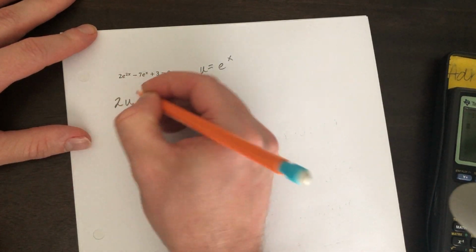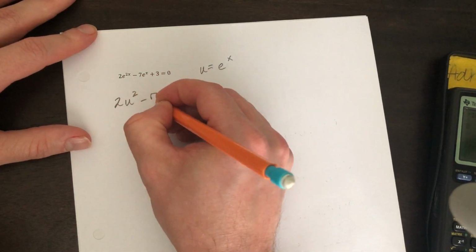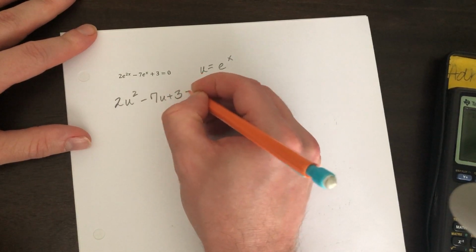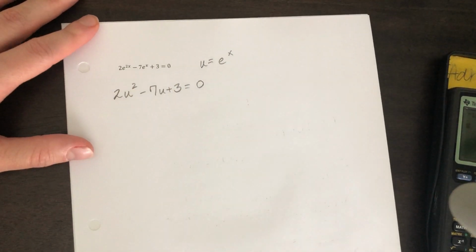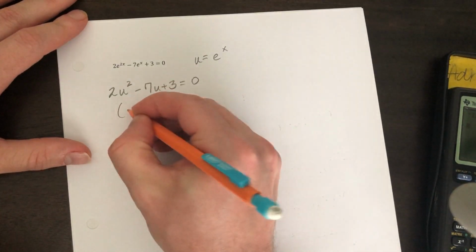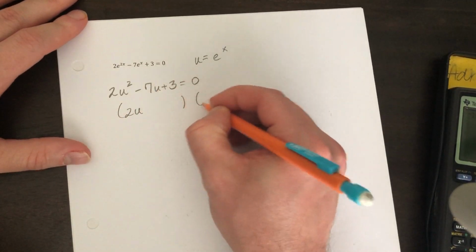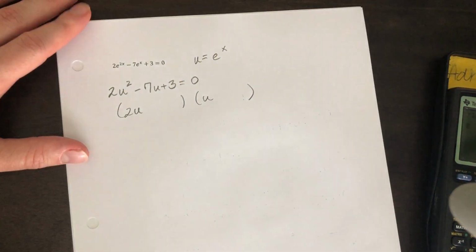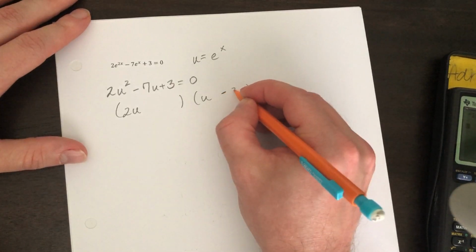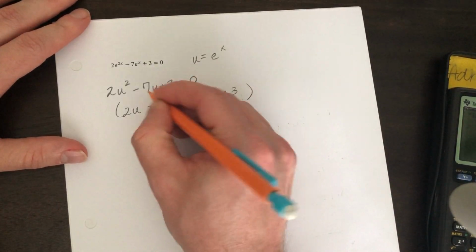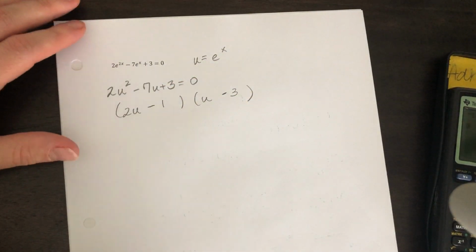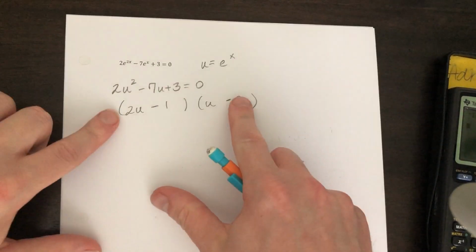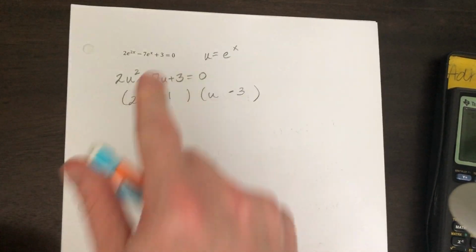So we get 2u squared minus 7u plus 3 is equal to 0. Now I could do PSF on this, or I can factor it mentally. So 2u and u. Factors of 3 are 3 and 1. A minus plus factors to a minus minus. And just to check myself, my outer plus my inner give me a negative 7.